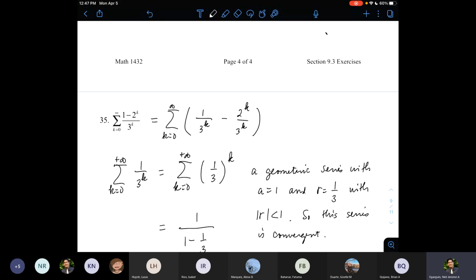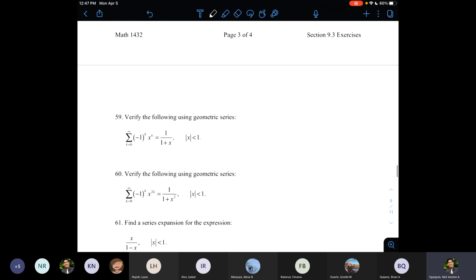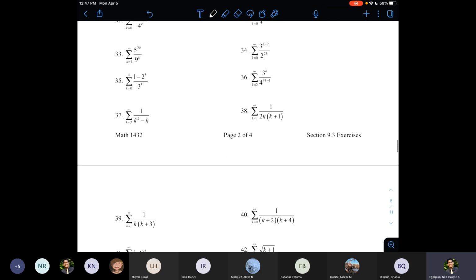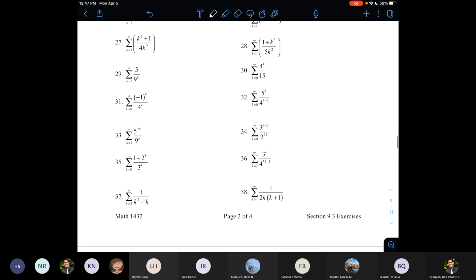Yeah, we split the fraction out and look at it as two individual geometric series. Now let me try a different one. Let me try problem 37. Oh, sorry, k plus 2. Oh, but you'll get the answer to problem 37.